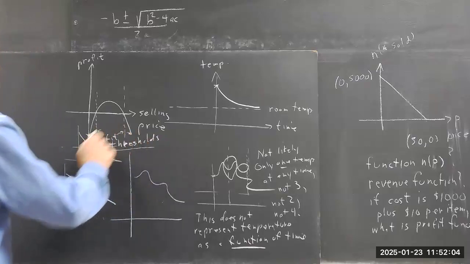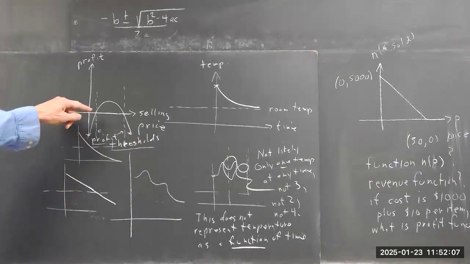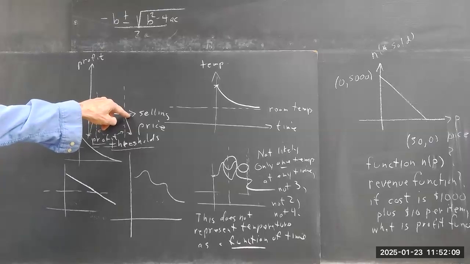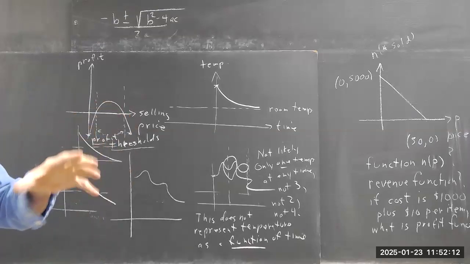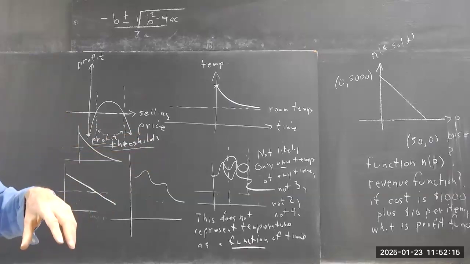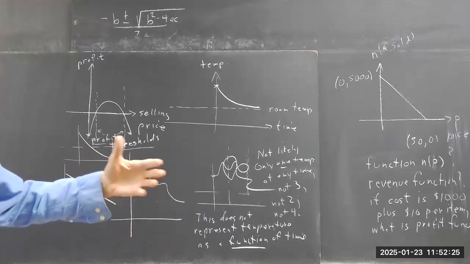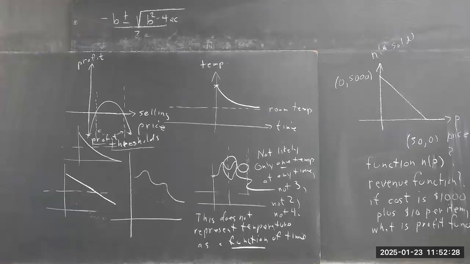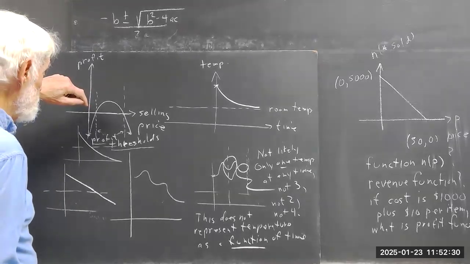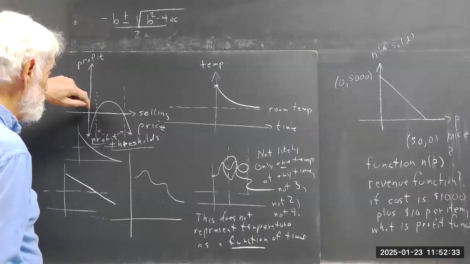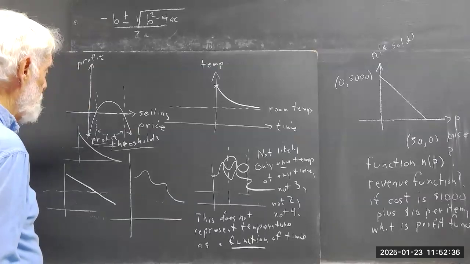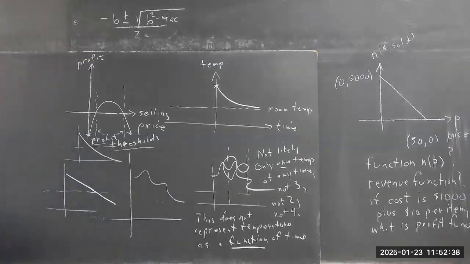So we have profit thresholds here where we break even. That's actually the official term for it, the break even point. I'm not going to teach you economics or business because I don't know anything about it. I just never focused on it. Then there's a point where we have the maximum profit.